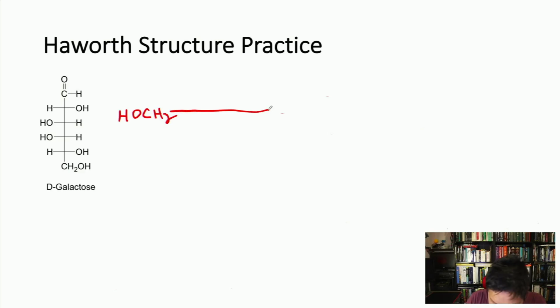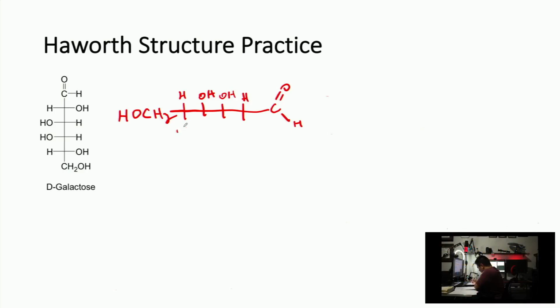So it has 1, 2, 3, 4, right? And then the carbonyl, like so. And its arrangement is hydrogen, OH, OH, and then H, and then OH, H, H, OH, right? That's it on its side.